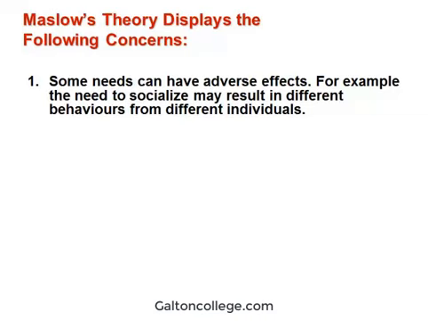It could be the need to socialize jeopardizes productivity, or it could be the need to socialize may lead to conflicts and disagreements within the workplace, which could be adverse. So the fact that there is the opportunity to socialize is perhaps desirable, but there are risks associated with it also.